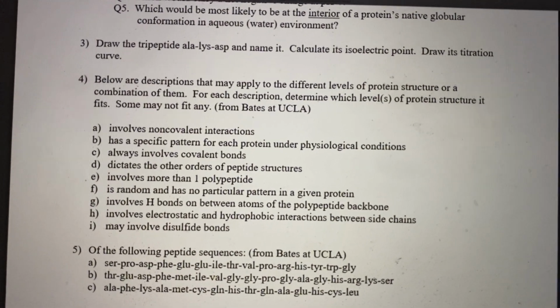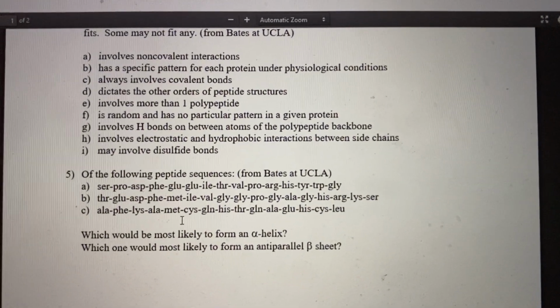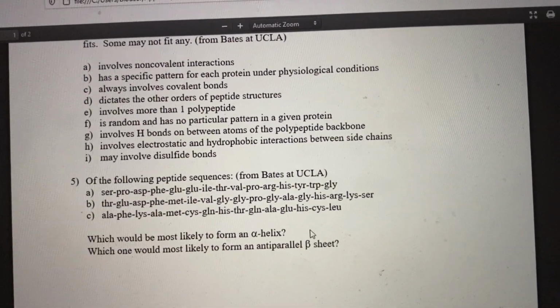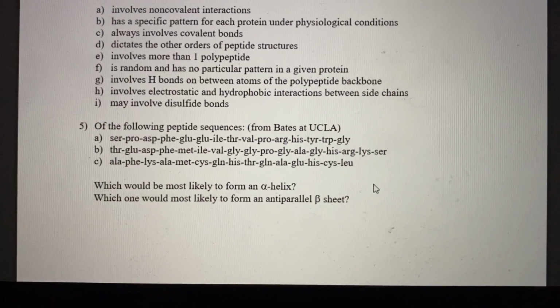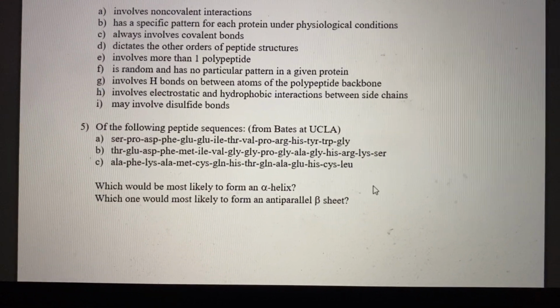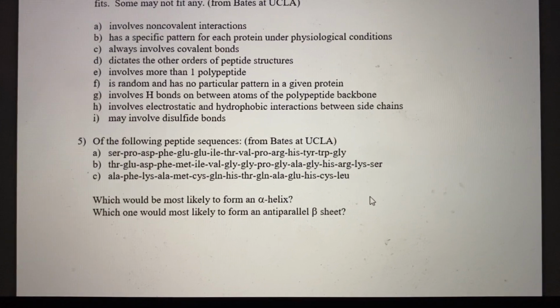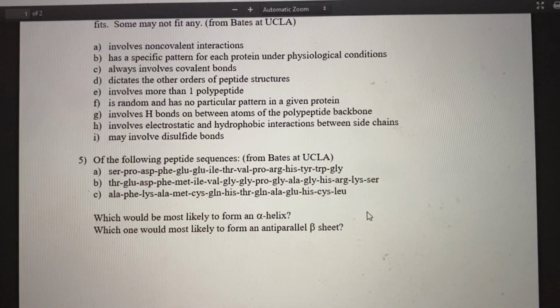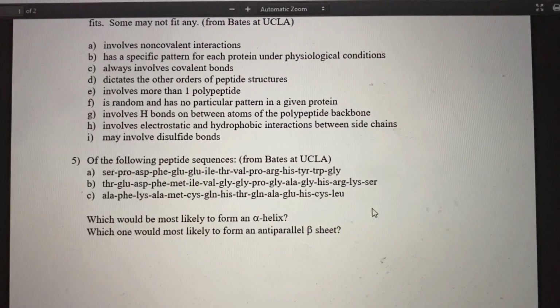Okay. For question 5, you're supposed to determine which would be more likely to form an alpha helix versus a beta sheet. First of all, if you can rule out an alpha helix, then by default we are going to consider it a beta sheet. So if you see proline in any of these sequences, A, B, or C, it's not going to be an alpha helix.